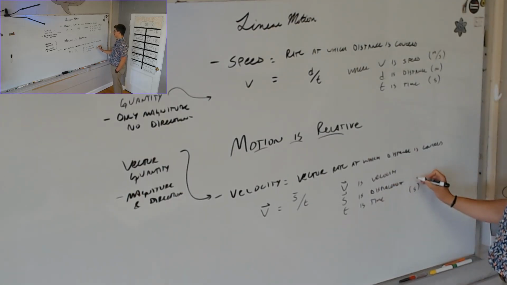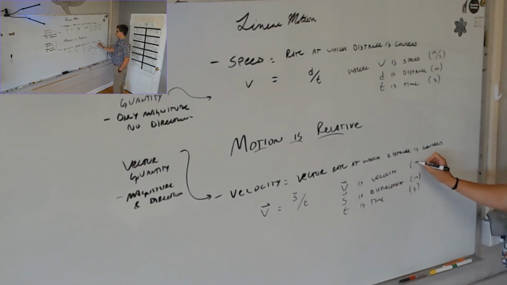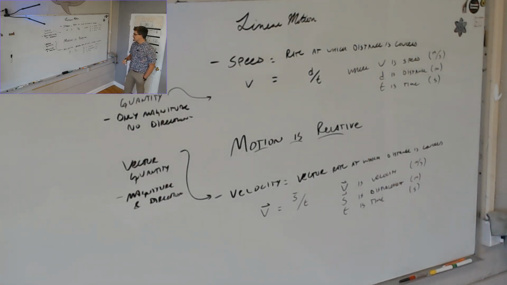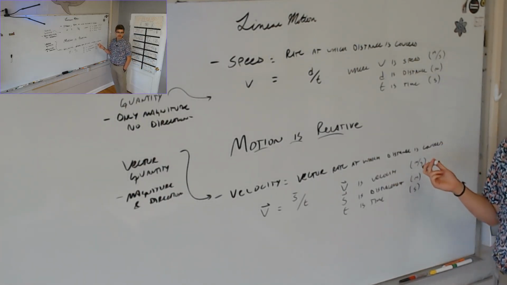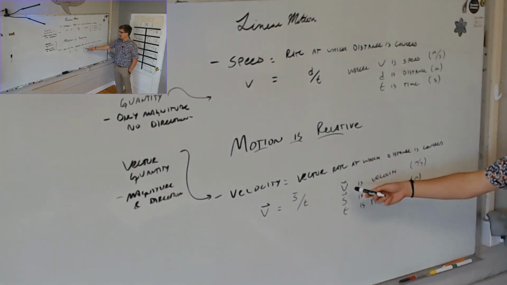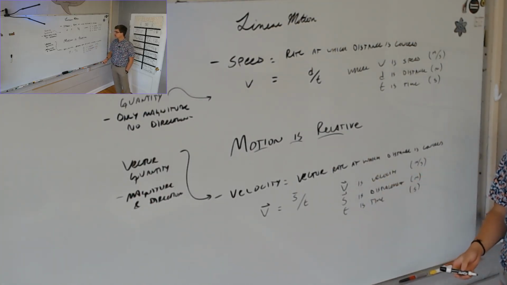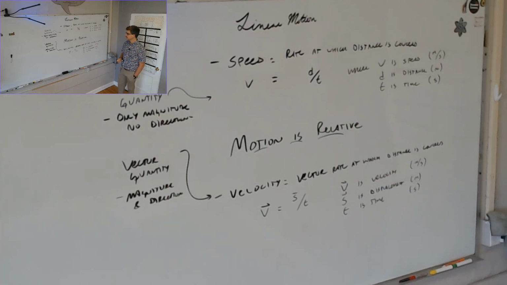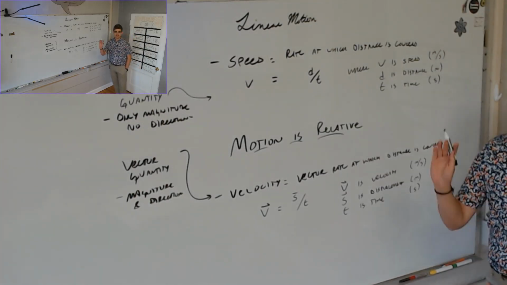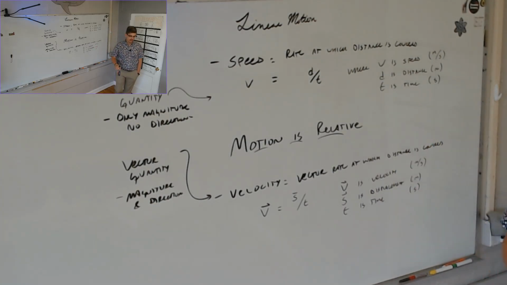Time is measured in seconds, displacement is measured in meters, velocity then is also measured in meters per second. Is it a problem that both speed and velocity are measured in meters per second? No. The difference is that velocity has to have a direction, and speed does not. This is a review from physical science, you remember speed and velocity, right? Yeah.